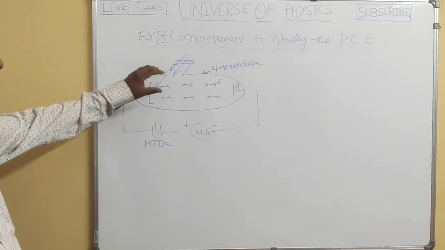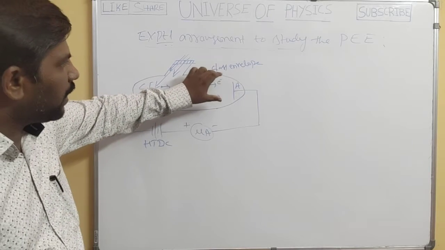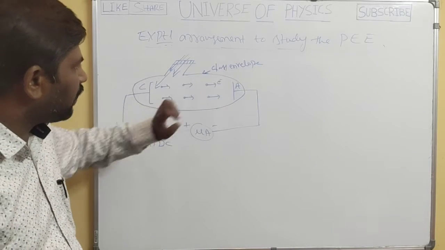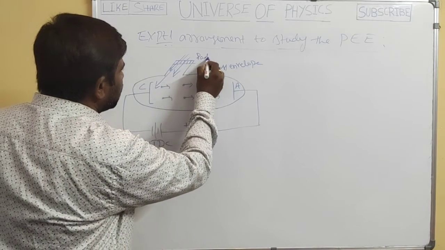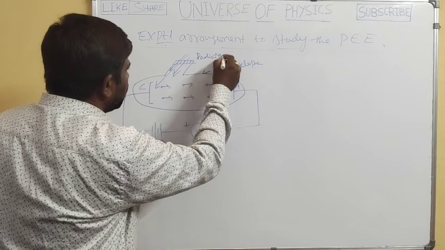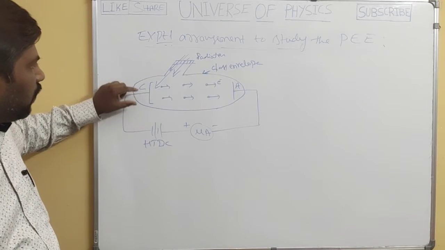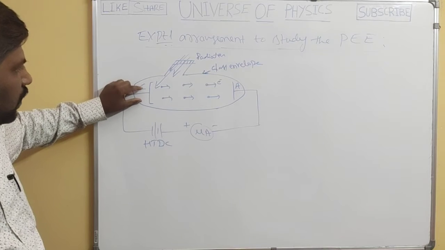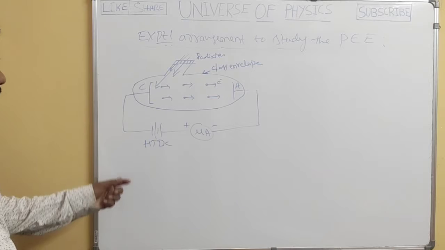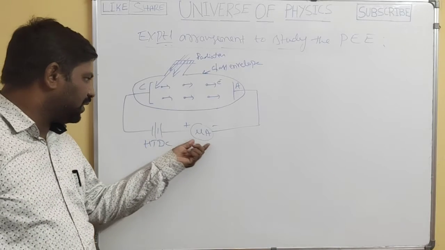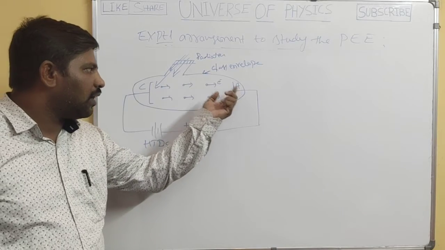So it consists of an evacuated glass envelope with a quartz window. This is the radiation of suitable frequency. One end is fitted with photocathode C and the other end is fitted with an anode A, and a battery in series with a micrometer or galvanometer is connected between this cathode and anode, as shown in this diagram.